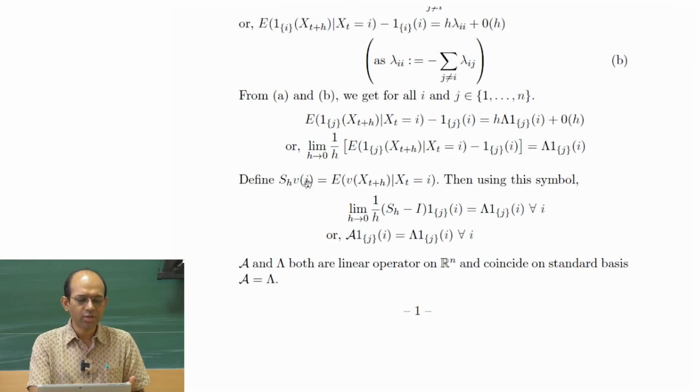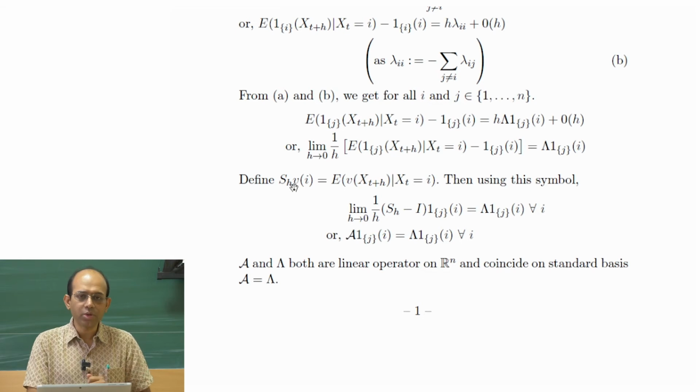So S_0 v of i is v of i, so S_0 is the identity. Then for S_{h1+h2} v of i, you need to show that it is S_{h1} composed with S_{h2} of v of i. That you can do with conditioning, using the tower property.